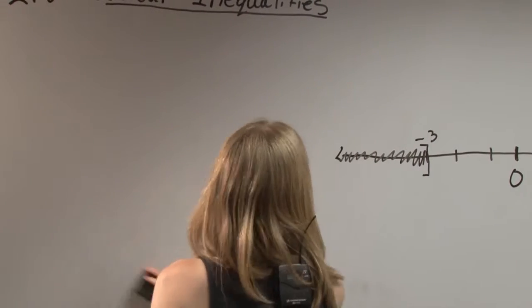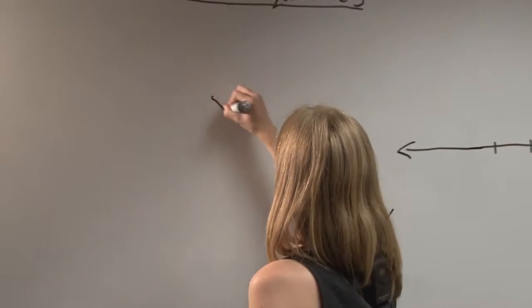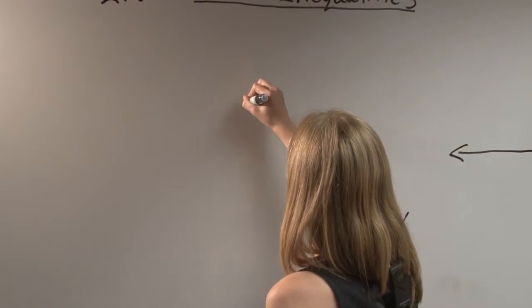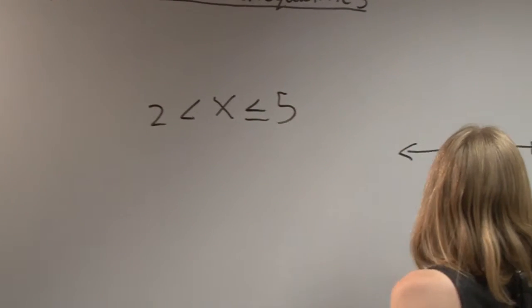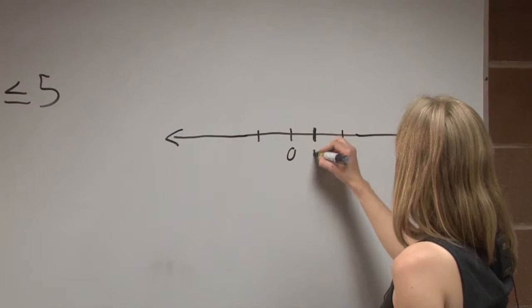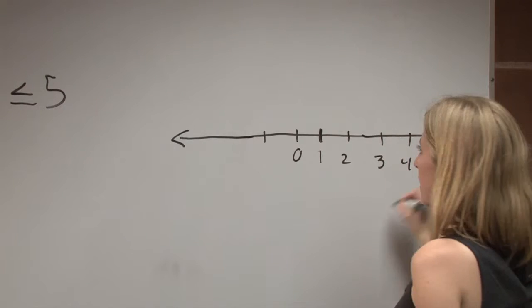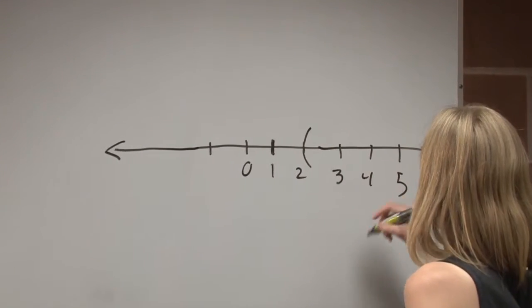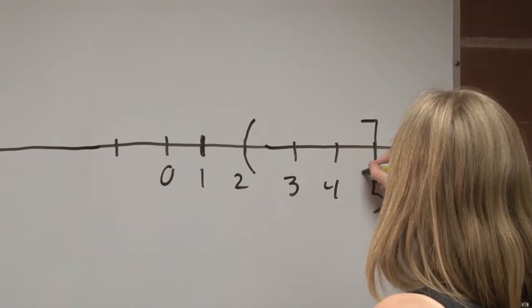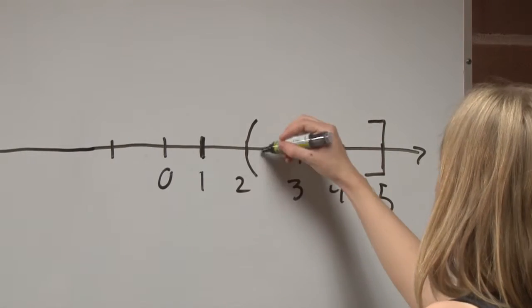I could also have an interval where x is between two numbers. X could be greater than 2 and less than or equal to 5. So then I'd put a parenthesis on 2 because it's greater than, and I would put a bracket on 5 because it's less than or equal to.